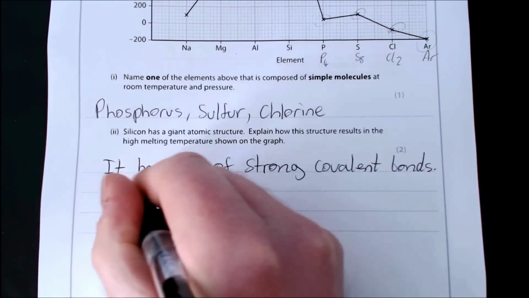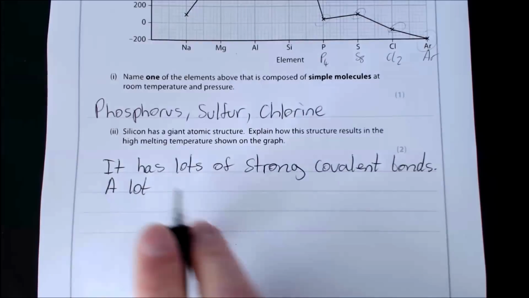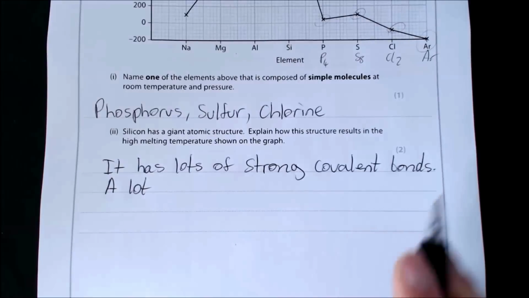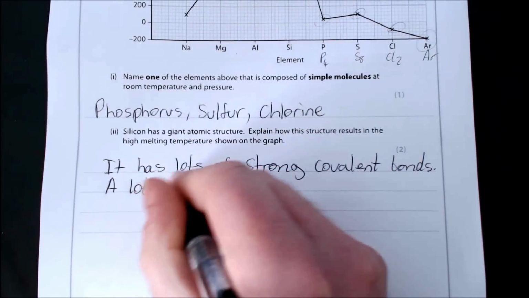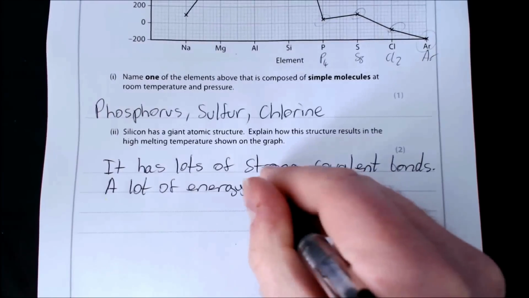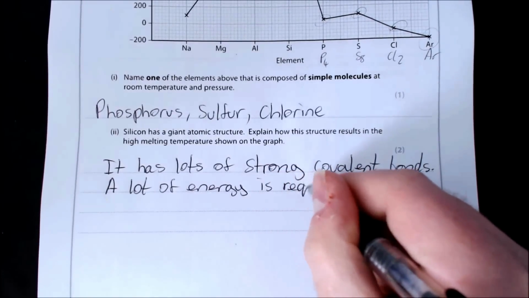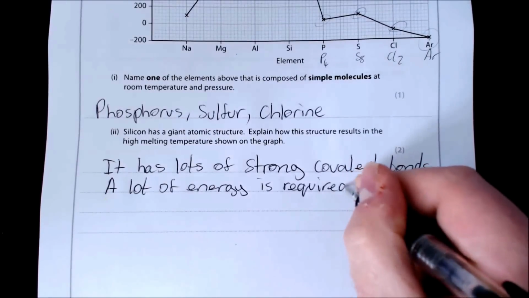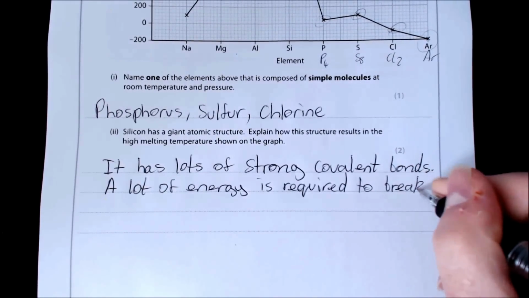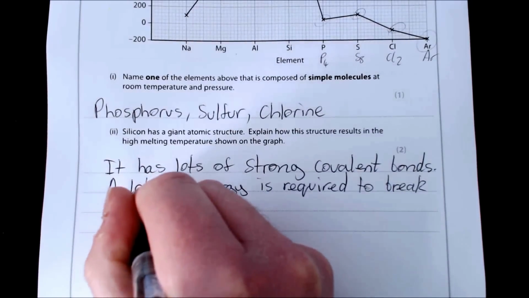And the next thing, obviously, because it is talking about the melting temperature, so it has lots of strong covalent bonds, and therefore a lot of energy is required to break the bonds.